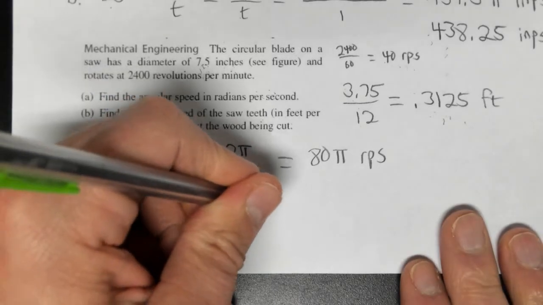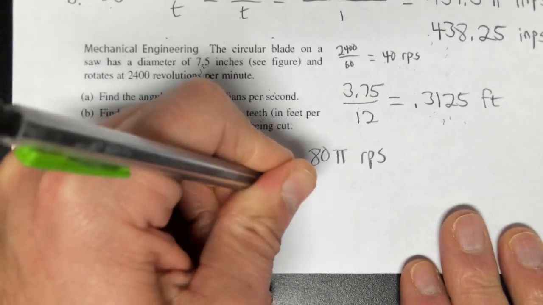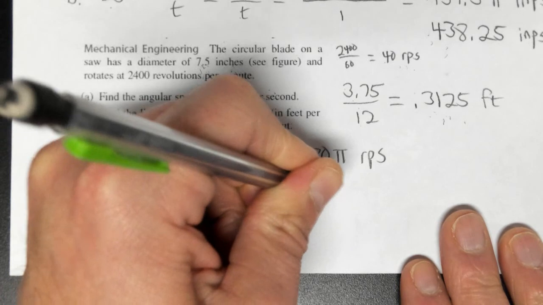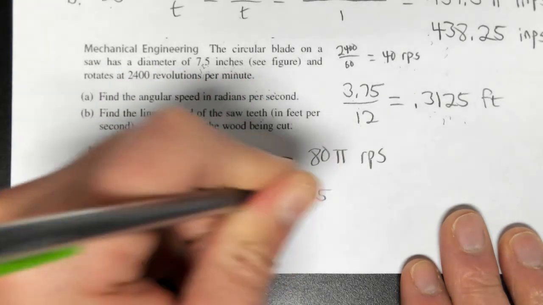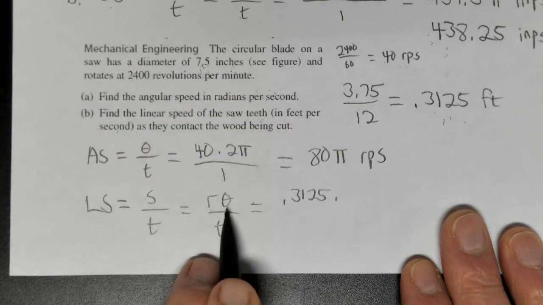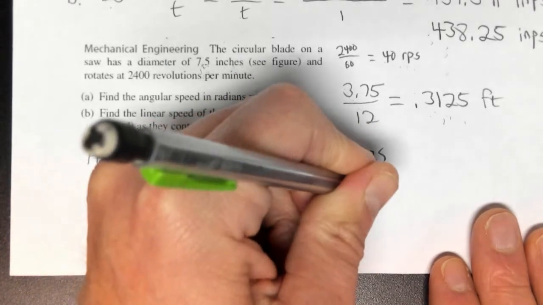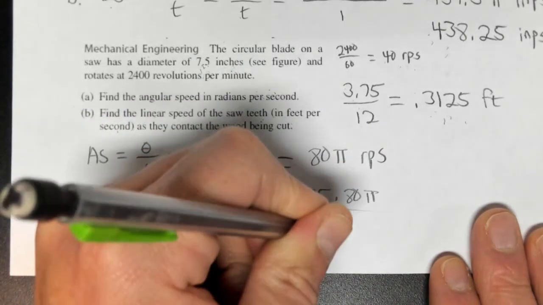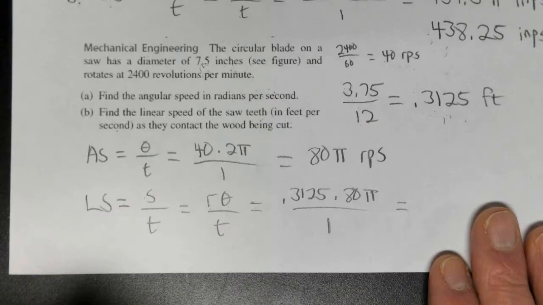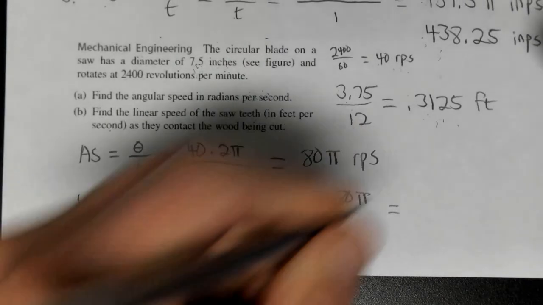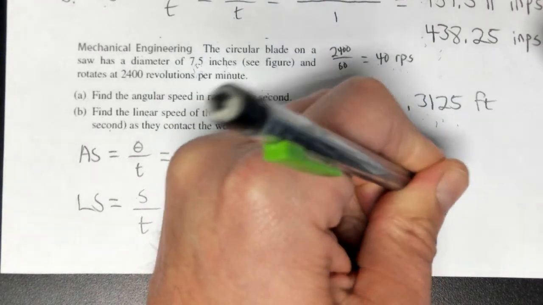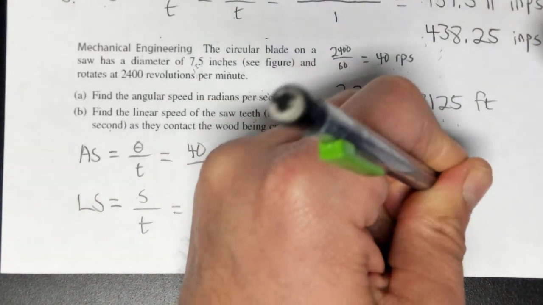So now that we've got our conversion made, I've got 0.3125, times, remember, I already calculated the angle, which is 80 pi. And I can divide this now by time, which is 1 per second. When I multiply that out, we're going to get 25 pi.